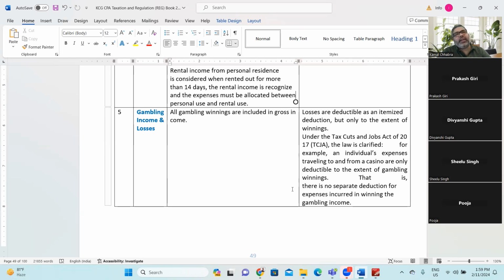So if you have gambling income and you say you spent a lot of money on drinking or food, or any other activity in the casino, those expenses are not allowed. Only coming from home to the casino and going back from the casino to home, only that travel expense is allowed, right?